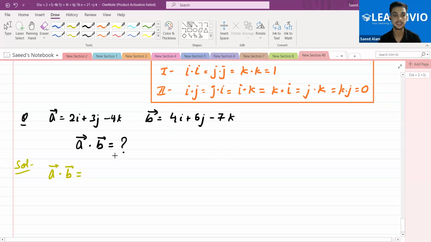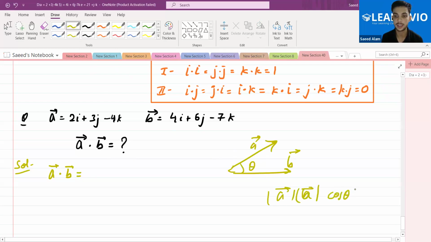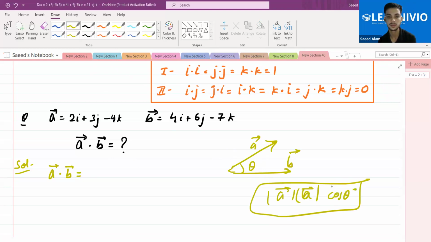She's saying that if it is the A vector and it is the B vector, we know the angle between them is theta, so we can take the magnitude of A, magnitude of B, and cos theta. Is there any problem in doing so? Will we get stuck? Yes, we don't know theta.